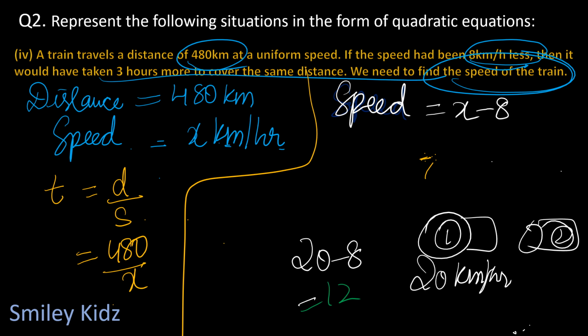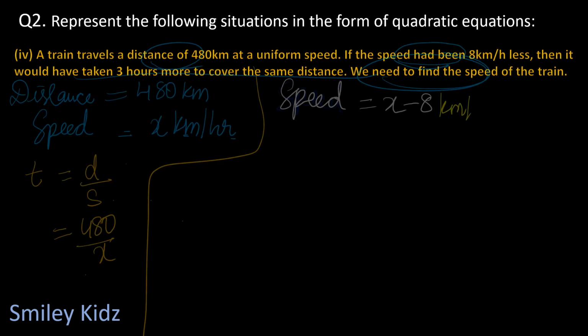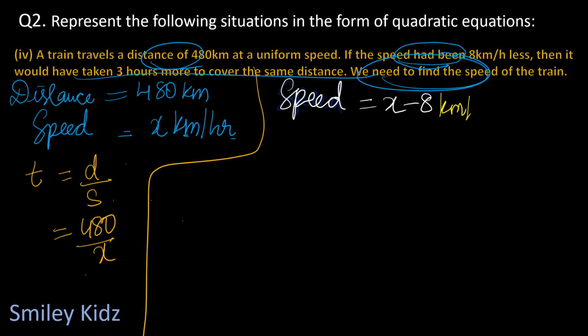Exactly in the same way here, if the train is traveling x kilometers per hour and if the speed would have been 8 km per hour less, then the speed would be what? X minus 8 km per hour. So speed is equal to x minus 8 km per hour.